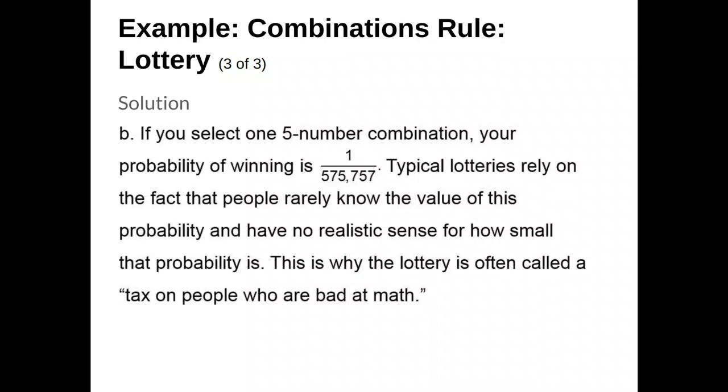Now, what's really cool with these counting rules is that we can combine them, especially the first rule. When we look at that first rule, there's n1 ways to do event 1, n2 ways to do event 2, and n3 ways to do event 3, and we just multiply them all together.